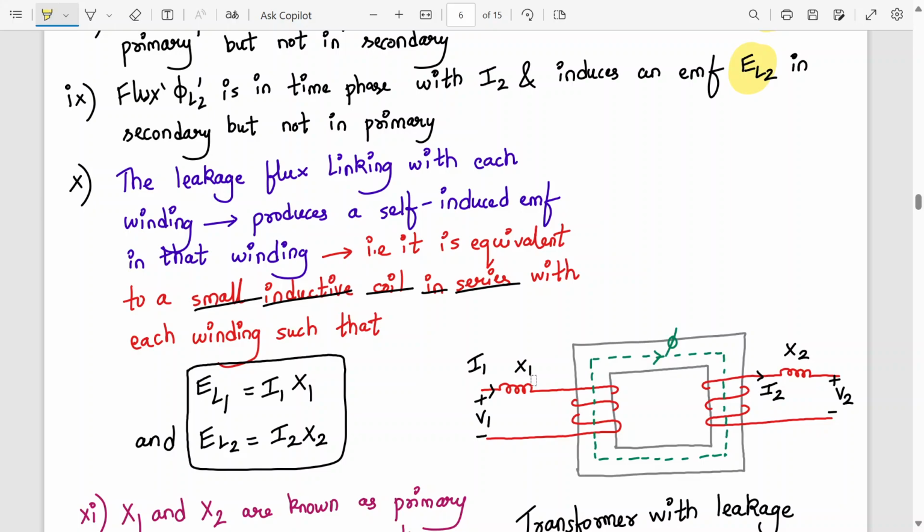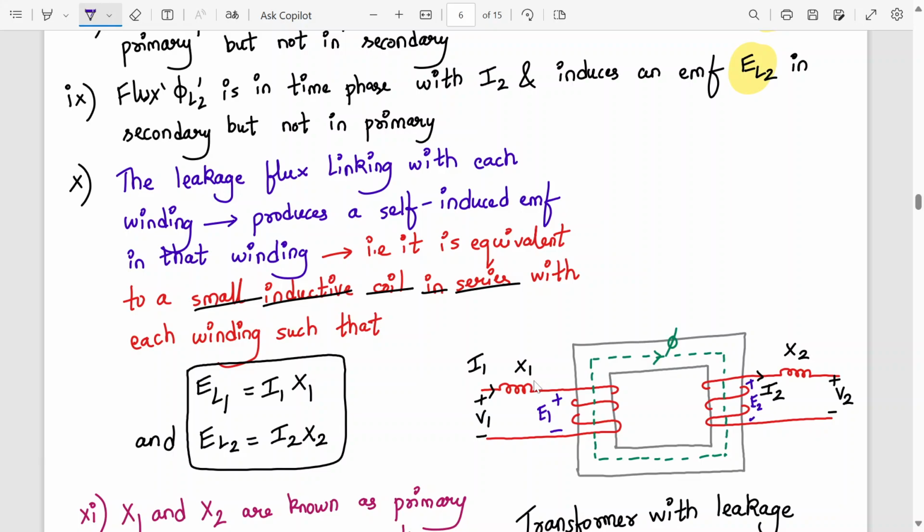Such that your EL1 now will be given by, here it is E1 basically, here it is E2, but due to this current and a small inductive coil, I1 into X1 is called EL1.